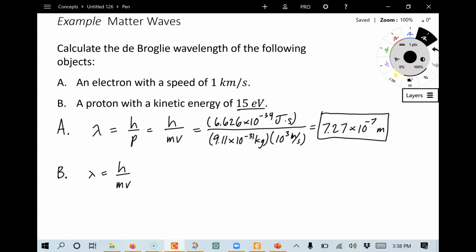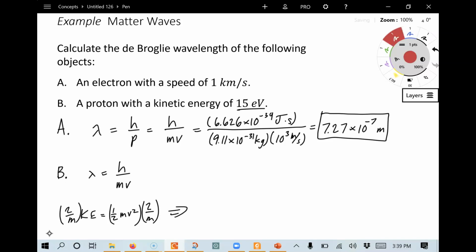So in this case, we know KE is equal to 1/2 mv squared. Let's solve for v here. Let's rearrange this a little bit, cancel some stuff out.